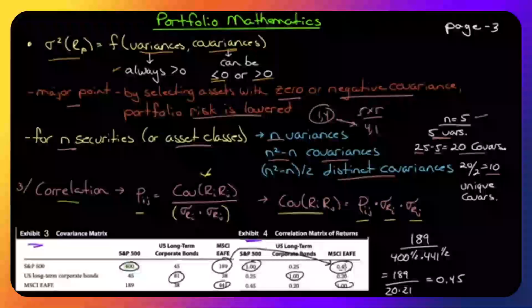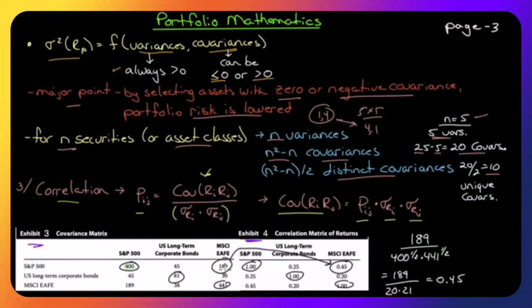Let's get this correlation of 0.45 from this covariance. Well, if we're calculating correlation, what is it? Covariance is in the numerator, so let's put 189 in the numerator. What's in the denominator? The standard deviation of the two assets of which this is a covariance. Well, this is S&P 500 crossed with the MSCI index.